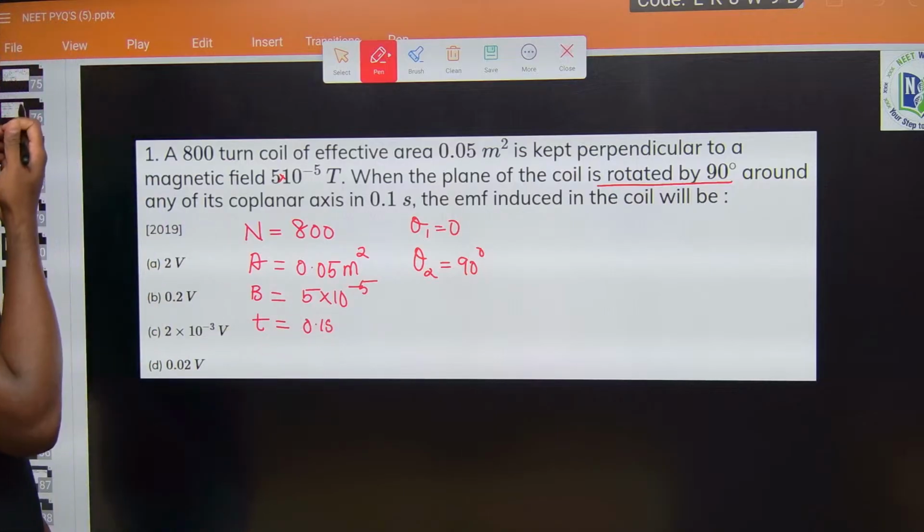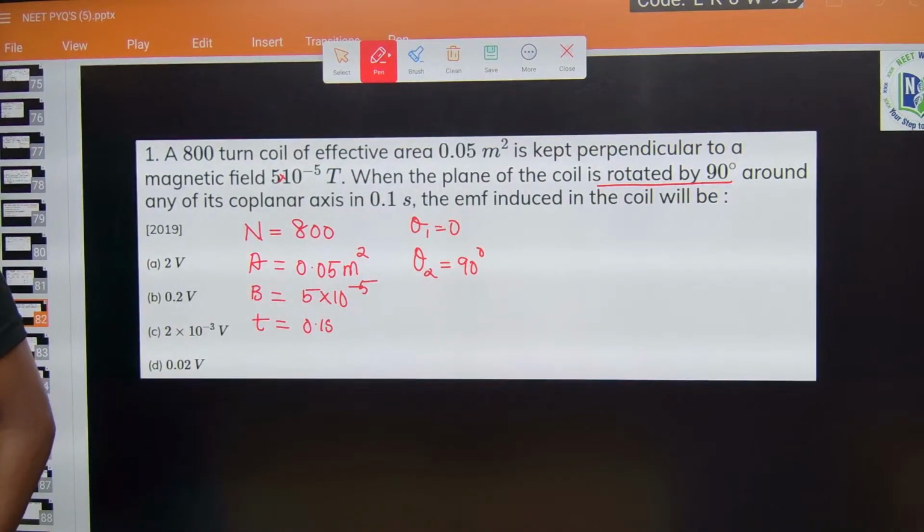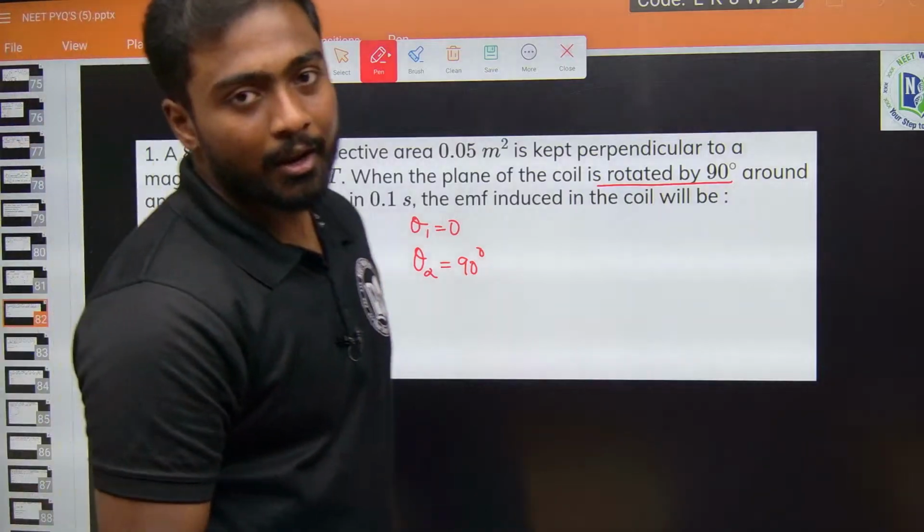The EMF induced in the coil is, first I need to find what is delta phi, like E is equals to delta phi by T, right.